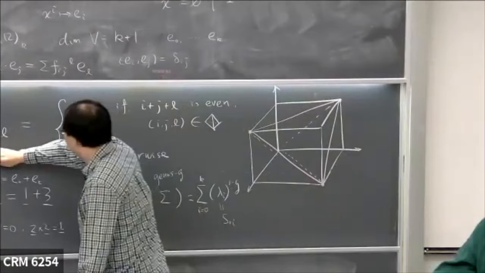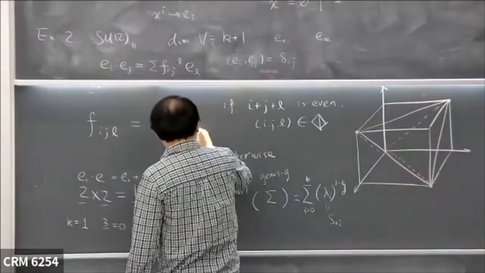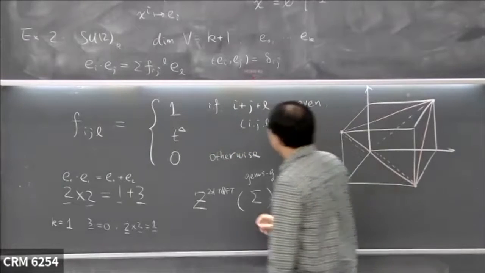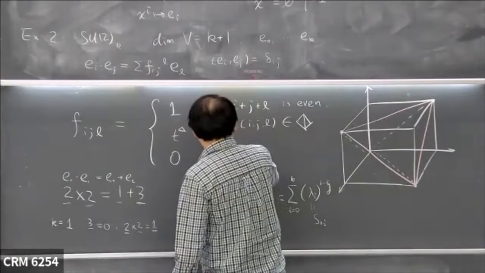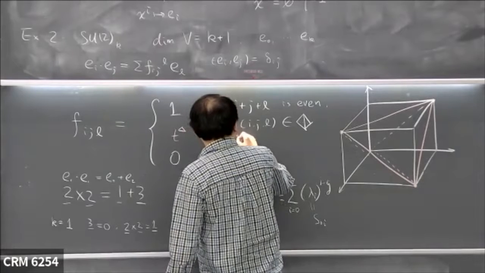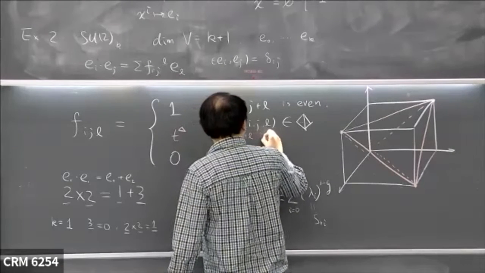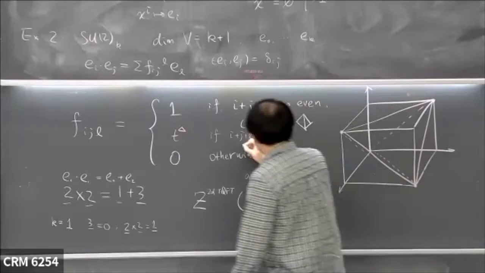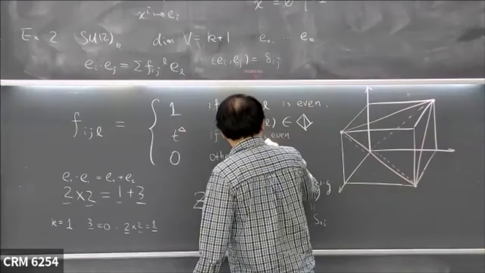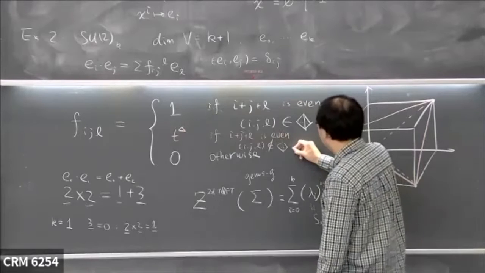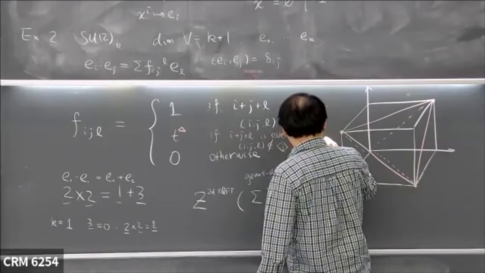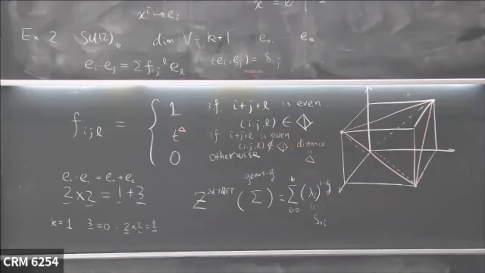So for the fusion coefficient, I'm going to have t to some power. And this is when i plus j plus l is even, but i, j, k is not inside the tetrahedron. In fact, the delta here is defined to be the distance through the tetrahedron. So that's my F.